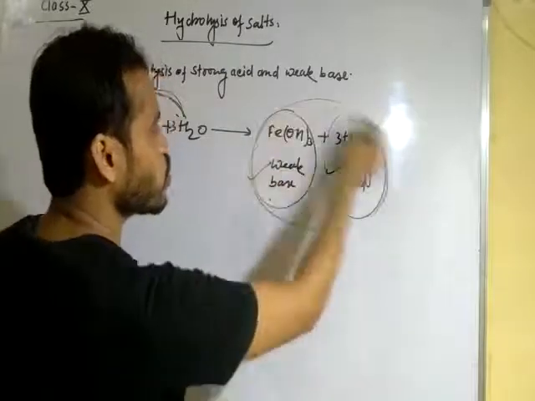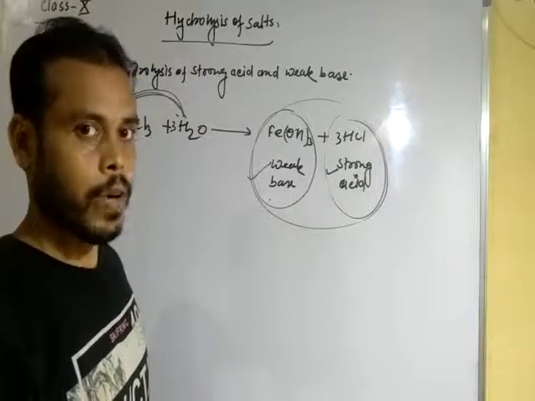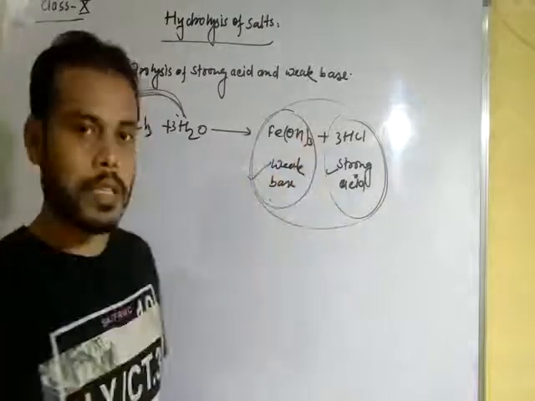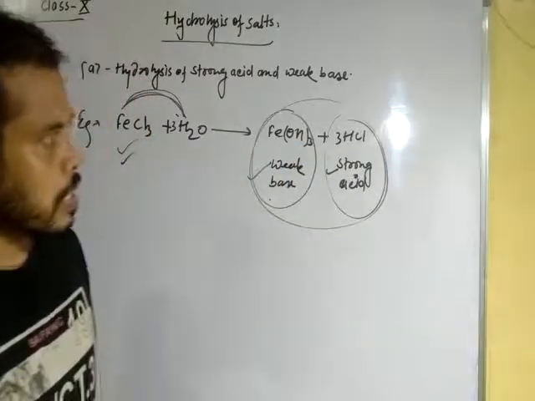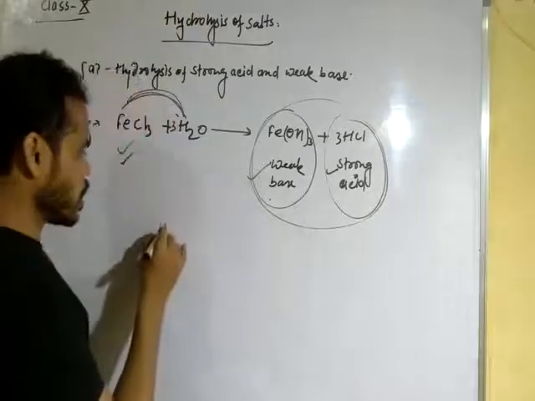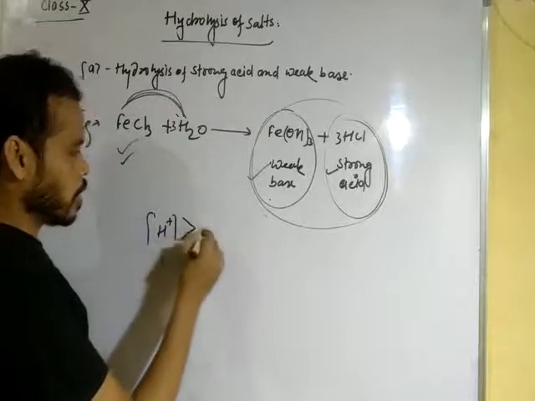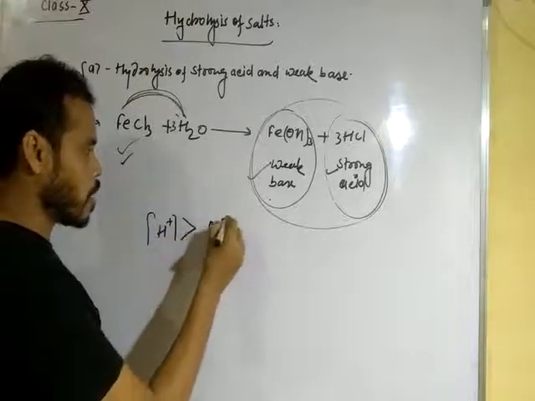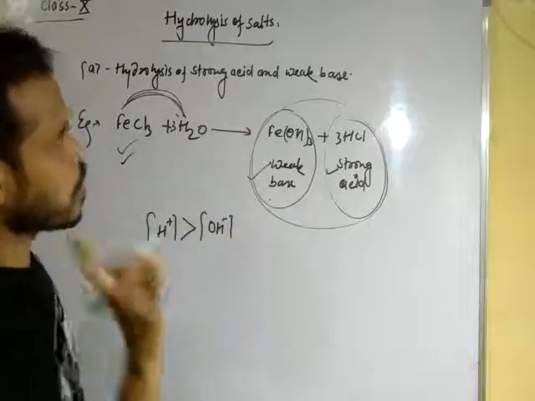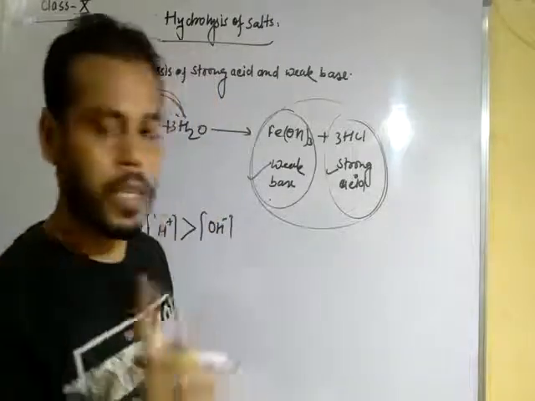So the solution must be acidic in nature, because a strong acid is completely ionized in water. That means the concentration of H plus ion is greater than the concentration of OH minus ion in this solution. So the nature of the solution will be acidic.